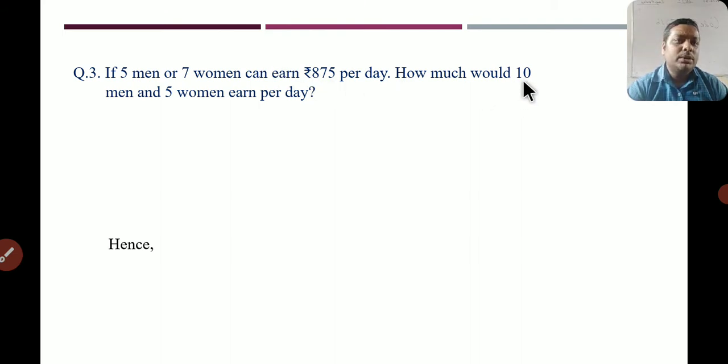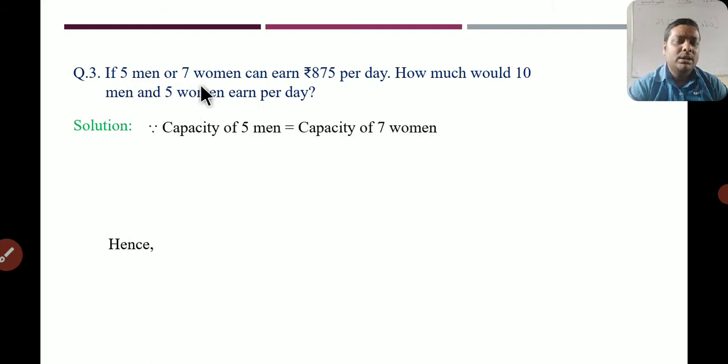And so how much would 10 men and 5 women earn if both together will work? Let's see. Here it is clearly mentioned that the capacity of 5 men will be equal to the capacity of 7 women. Okay, so to solve this type of question, we will convert the capacity of men into women or the capacity of women into men. Right now I am converting the capacity of men into women.